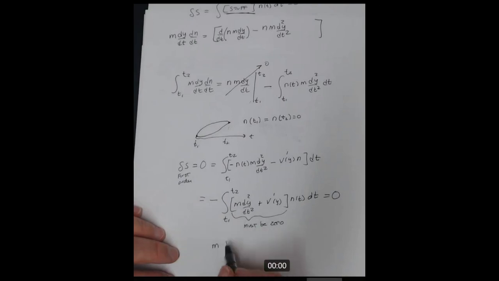This is the acceleration, right? So m a plus, and then this is the derivative of the potential with respect to y, in this case, is 0. So we get m a is negative the gradient of the potential.